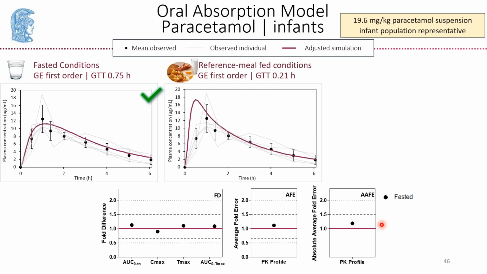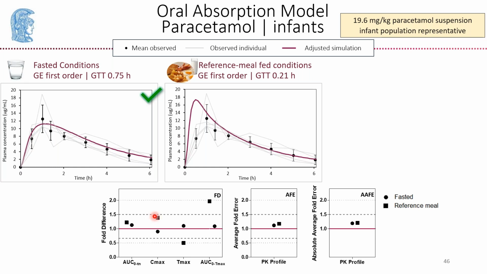Coming now to the second condition we model, this is the reference meal fed conditions. Here, keeping the gastric emptying order from the adult study and using the adjusted gastric transit time of 0.21 hours, we can see that we overpredict the early phase, which is also reflected in our squares in the tables below.